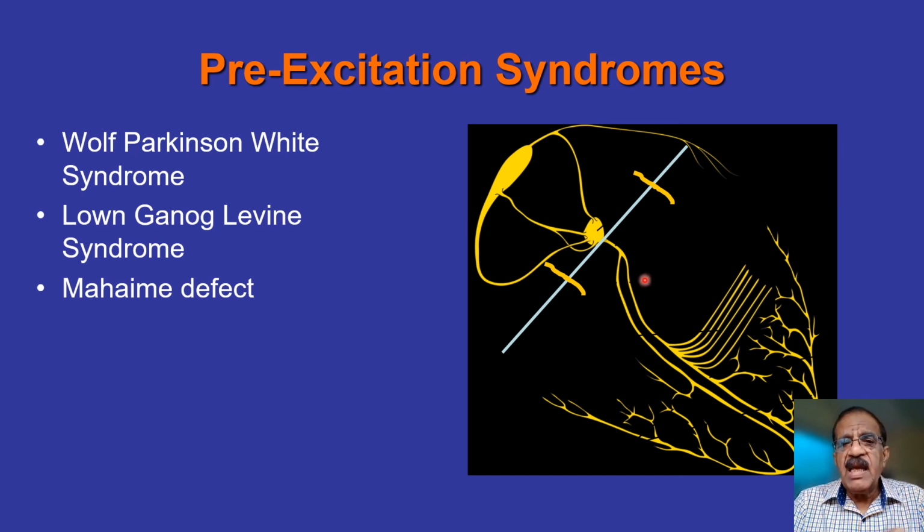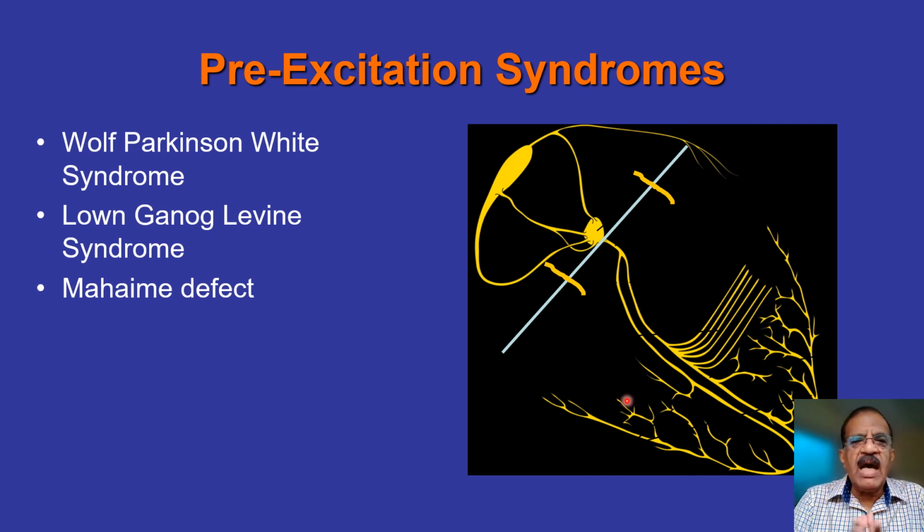What happens is, before current passes through the AV node, some current already leaks into the ventricle. But since this is not as effective a conduction system as this one is, some part of the ventricle will be depolarized, but before it can depolarize the rest of the ventricles, the current from the AV node will pass into the ventricle, and the rest of the ventricle will be depolarized from the normal conduction pathway.